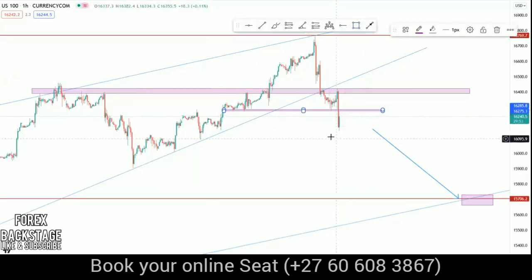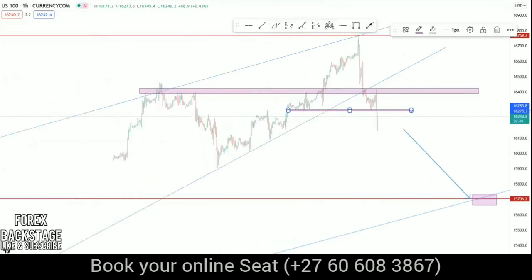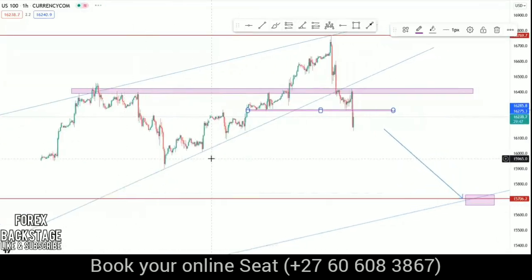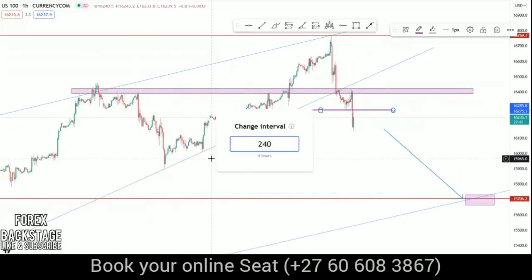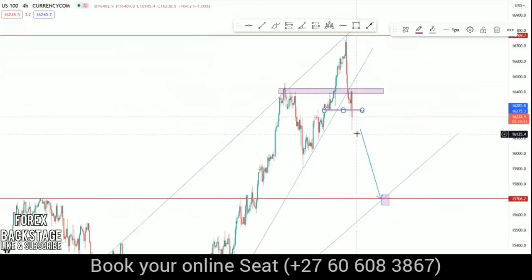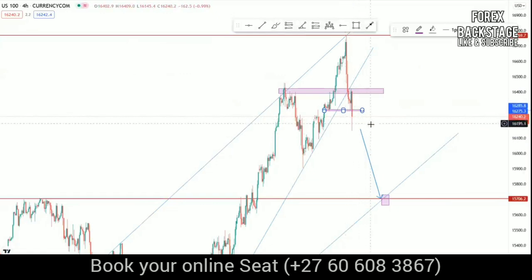Because at the end of the day, the market reversed before it touched the support. Let me show you guys the support that I'm talking about. Let me go back to H4. The market didn't touch this support. So for myself, if the market reversed on the way, I just feel that this market wants to capture people who want to buy.